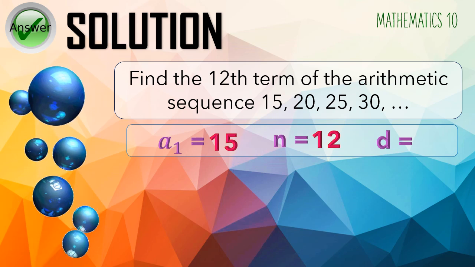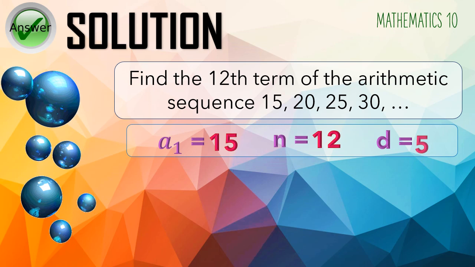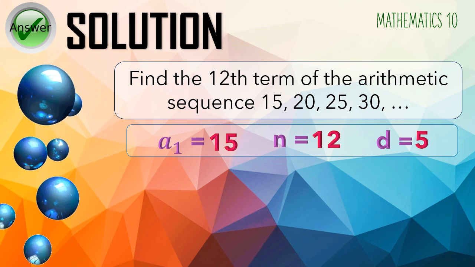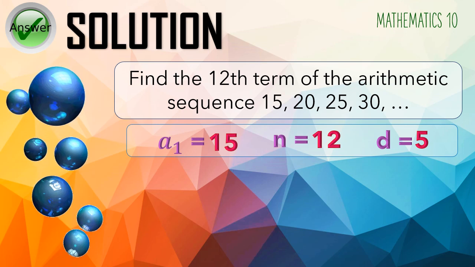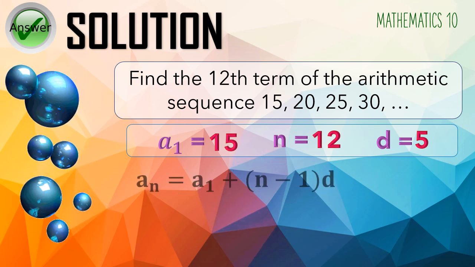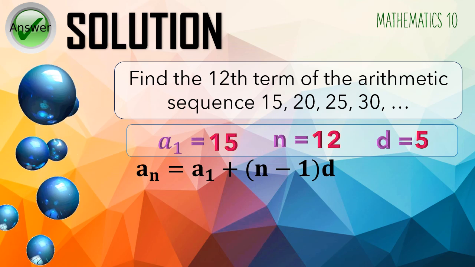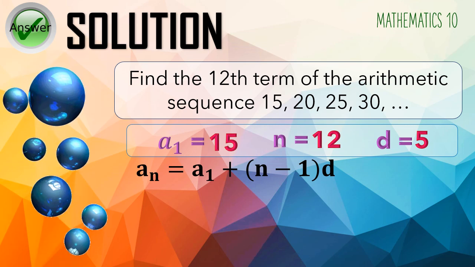So as you can see, we have 5 there. And of course, our formula, you need to really be familiar with this. So a sub n equals a sub 1 plus quantity n minus 1 times d.